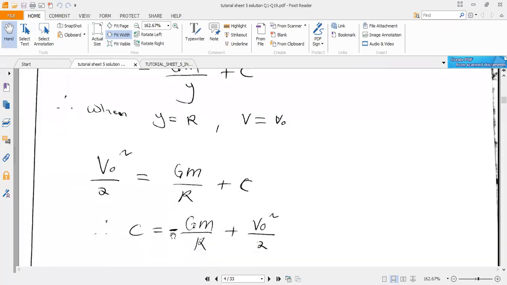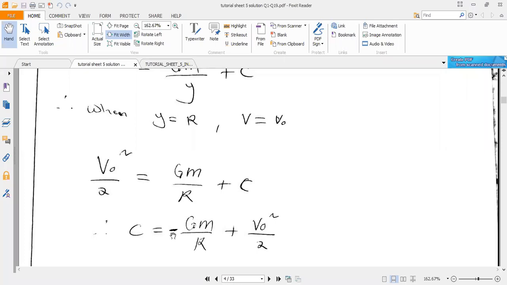So that means our constant c is equal to, if we take GM over r to the other side, it becomes negative, so c is equal to negative GM over r plus v naught squared over 2.